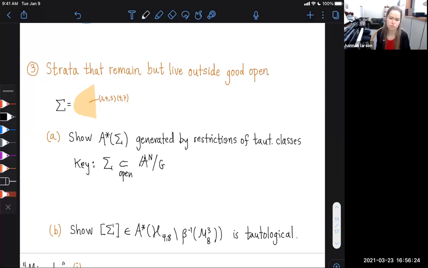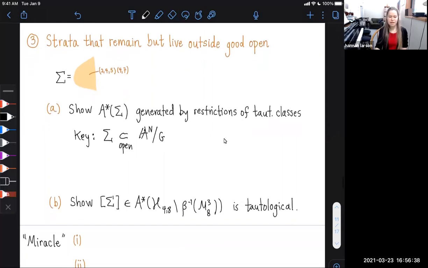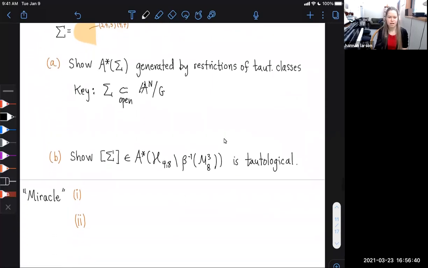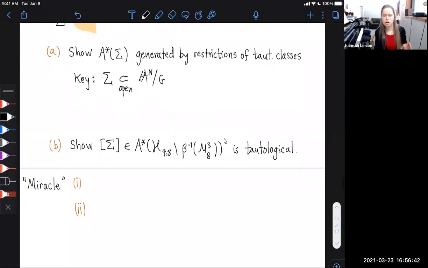And then we can use equivariant intersection theory to get generators and excision on its closed complement to get relations. My favorite step is actually part B. We have to show this fundamental class is tautological. And to do this, we make the following 2 observations.